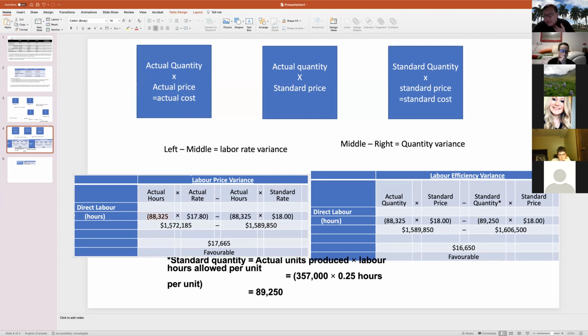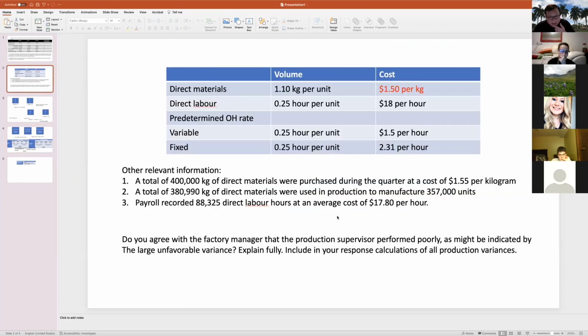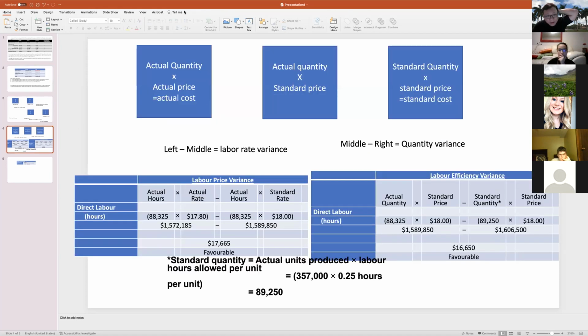And the actual rate, what's the actual rate? The average cost they pay the employee, the actual rate, average is 17.80. So therefore, I am going to put here the left. What is the left? The left is actual quantity.